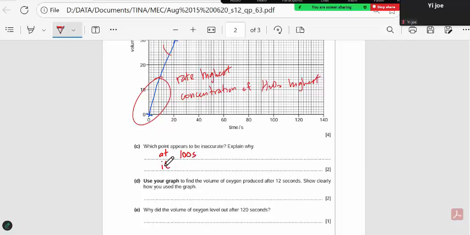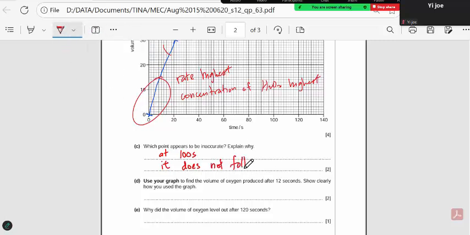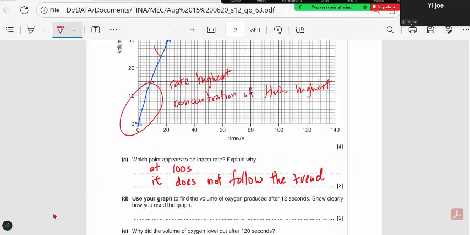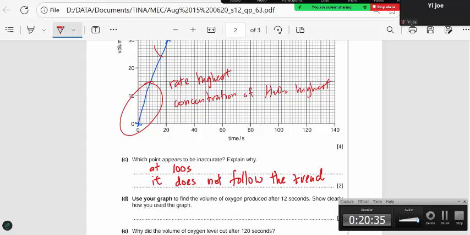It does not follow the trend. No need to talk a lot. Just write the key points. The key points are the most important.